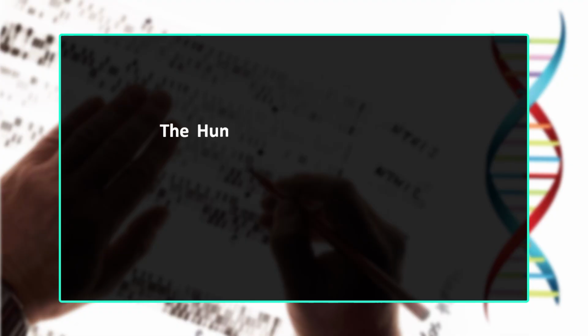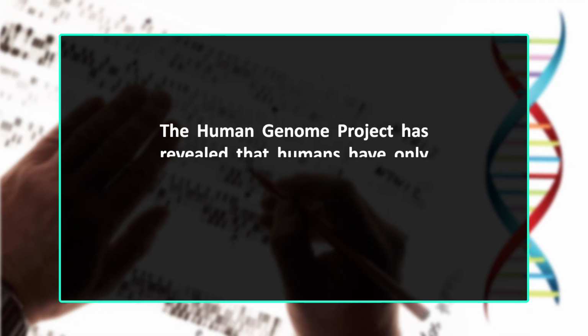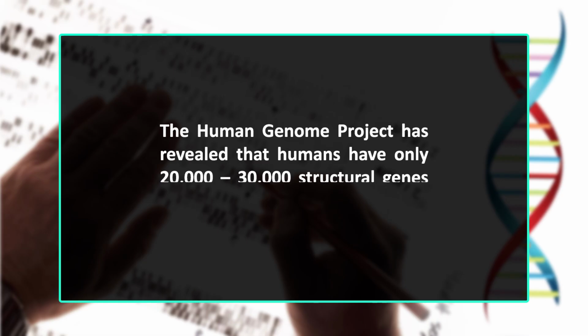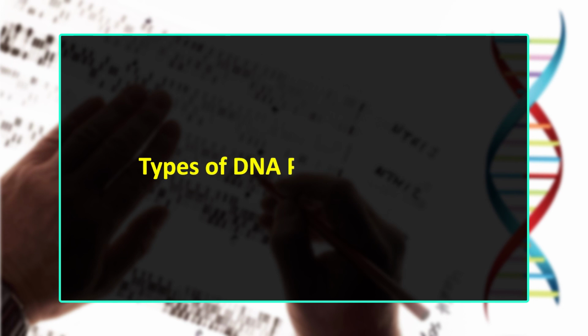And various copy number variations encompass gene copies leading to dosage imbalance that plays an important role in genome structure, evolution, and diversity. The Human Genome Project has revealed that humans have only 20 to 30,000 structural genes, that is, protein coding genes. Dear students, let's now discuss the types of DNA polymorphisms.